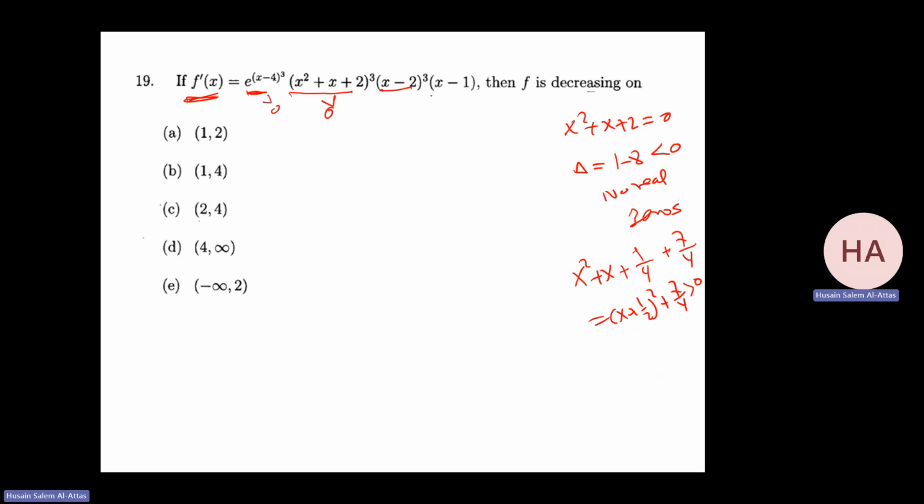So I need to consider this. So critical numbers, x equal 2 and x equal 1. Plug it. 1 to 2. Take a value before 1, 0. This is always positive, always positive. So you have negative times negative. That will make it positive. Since the power is odd, 1 and 3, so just change sign.